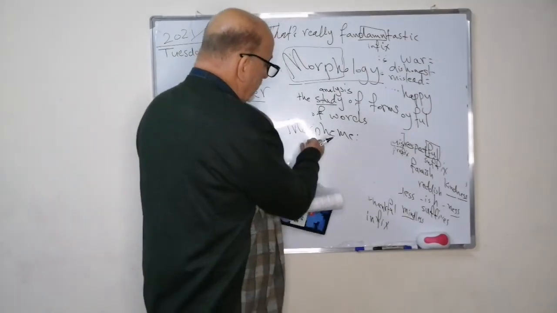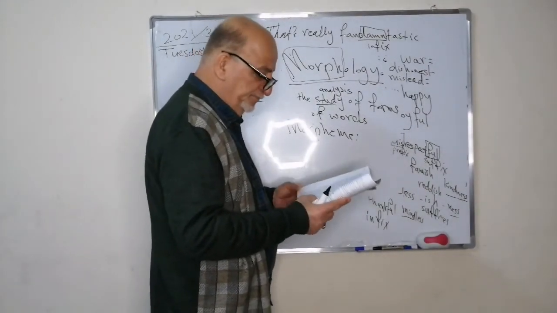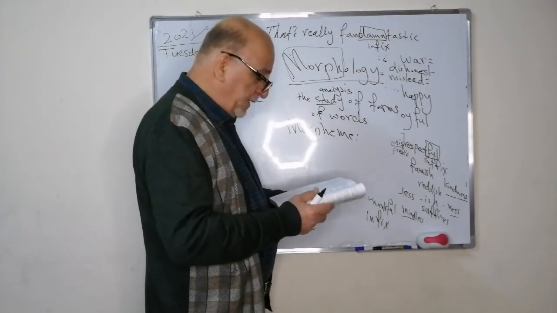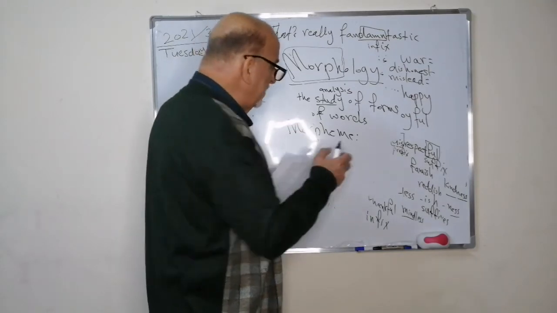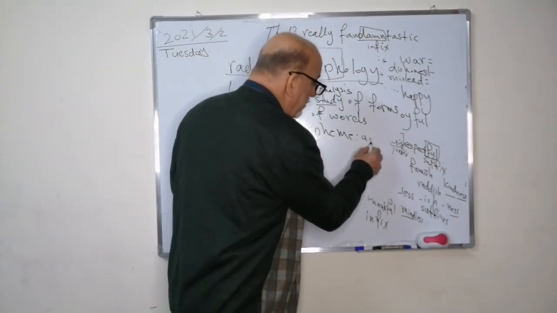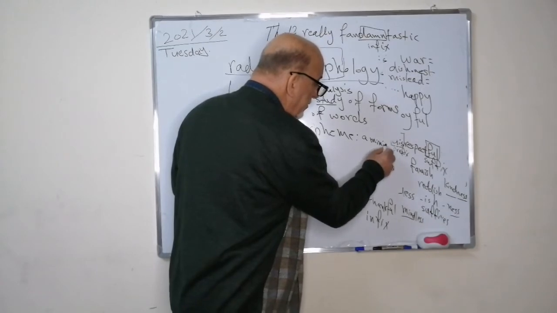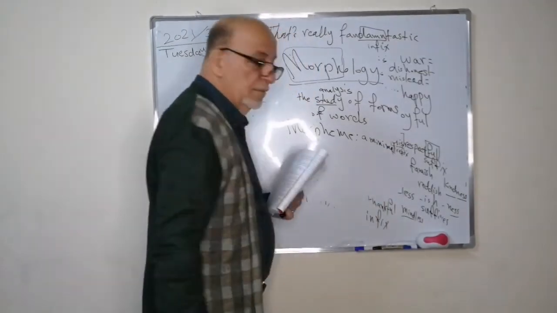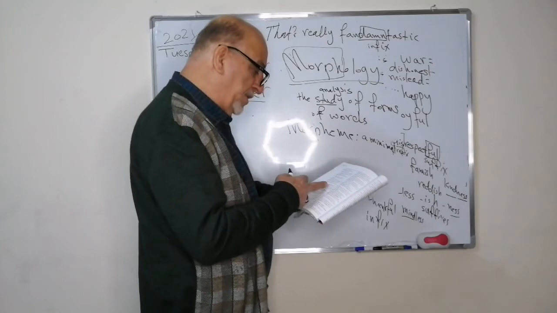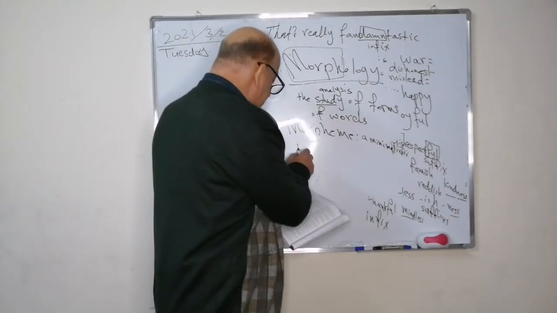Now let's see what is the meaning of morpheme. لاحظ here, morpheme is defined as a minimal شنو? Minimal unit.